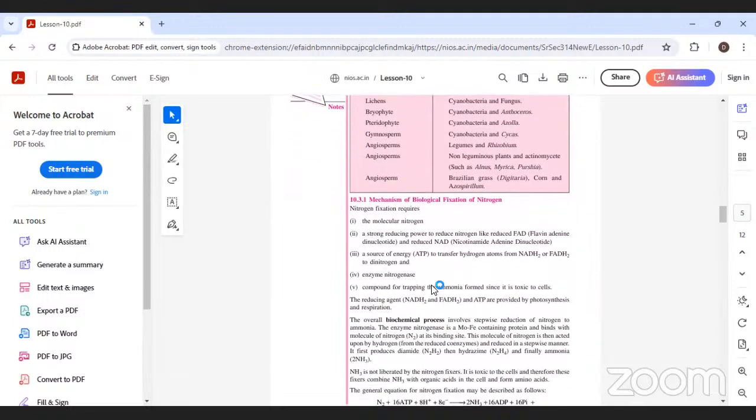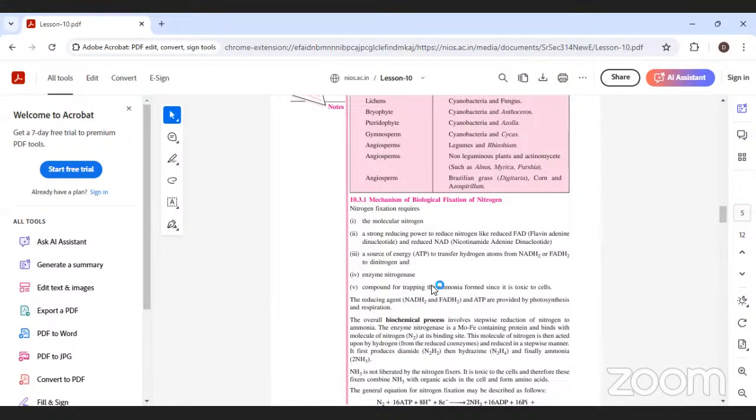How is the mechanism of biological fixation of nitrogen? The first requirement is molecular nitrogen. Second, a strong reducing power to reduce nitrogen, like FAD.